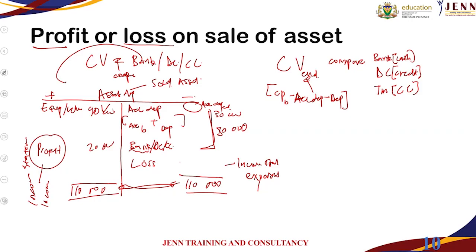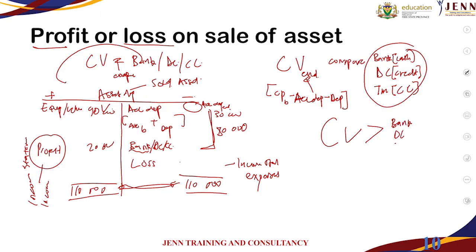Now in this case, what are we saying? If we find that the carrying value is more than this, bank, debtors control, creditors control. If the carrying value is more than the bank, debtors control, and the creditors control, what does that mean? It says the carrying value is more than what we have received.